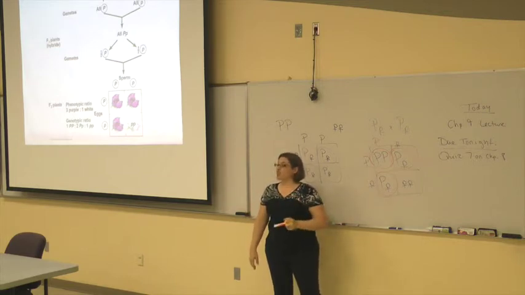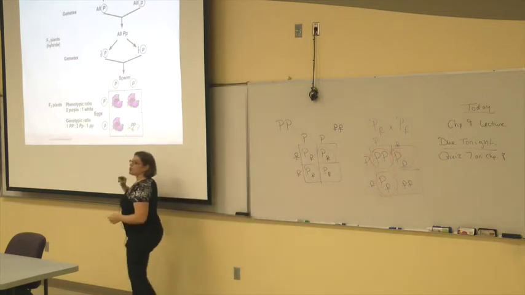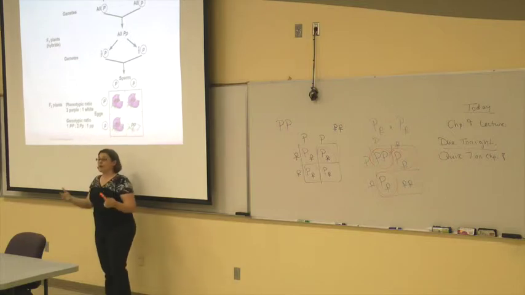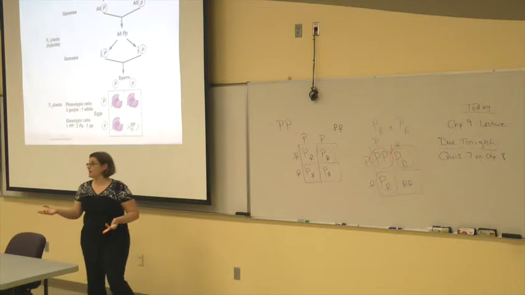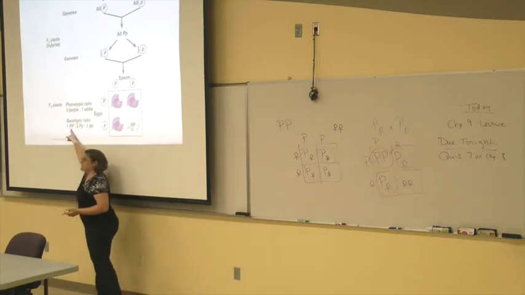Same thing with the genotypic ratio. If both parents are heterozygous for one trait, you will always get the 1-to-2-to-1 genotypic ratio. That's just the breakdown of the number of different genotypes you have, right? So how many out of 4 were homozygous dominant?